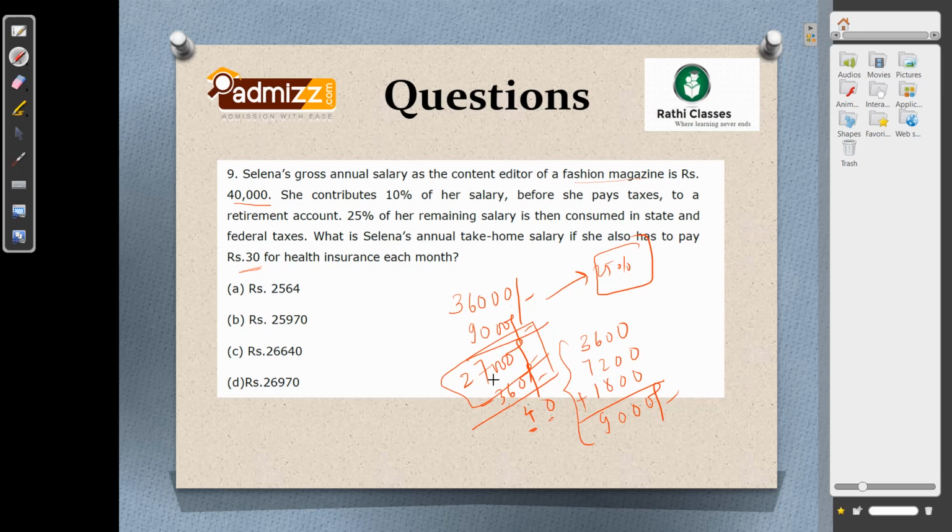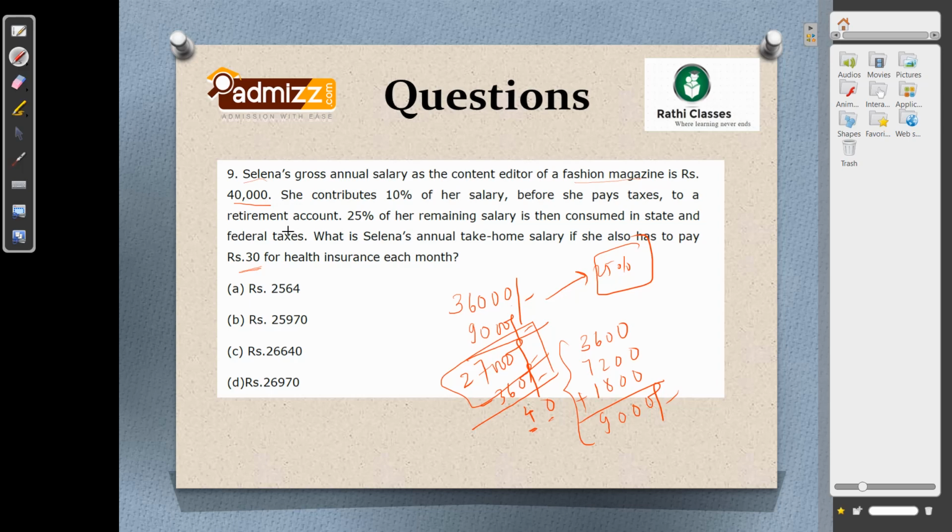So this is the concept which you need to see again: 40,000, 10% is 4,000. That means the remaining amount is 36,000. Out of those 36,000, 25% is being consumed for taxes. Don't start calculating. For 36,000, just take the 10%, which would be 3,600. 20% is double that, 7,200.